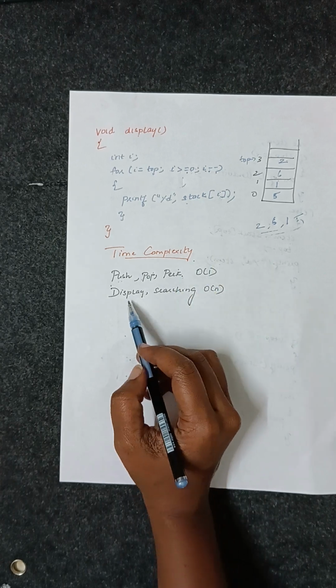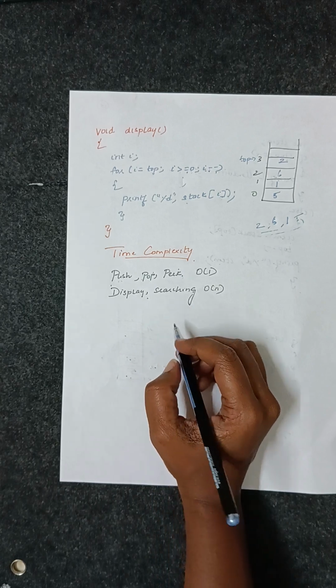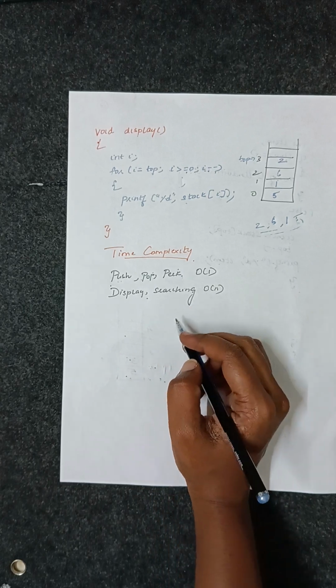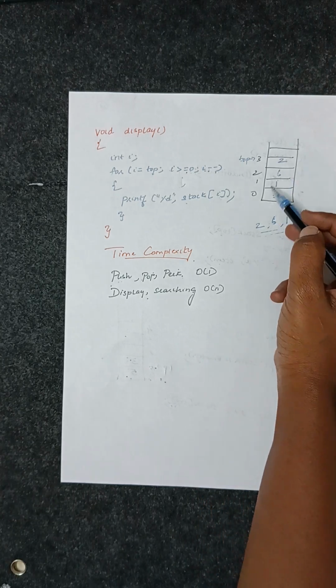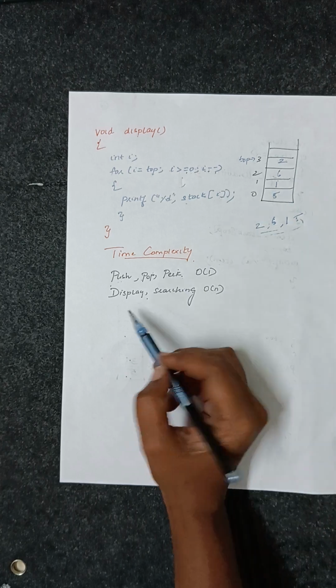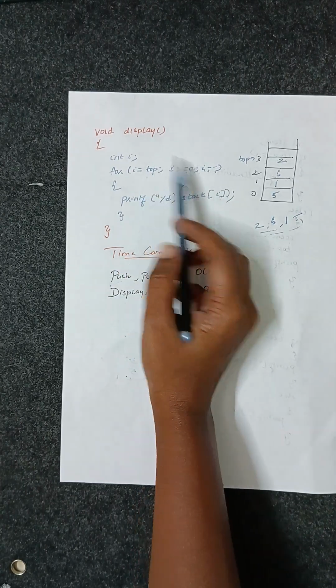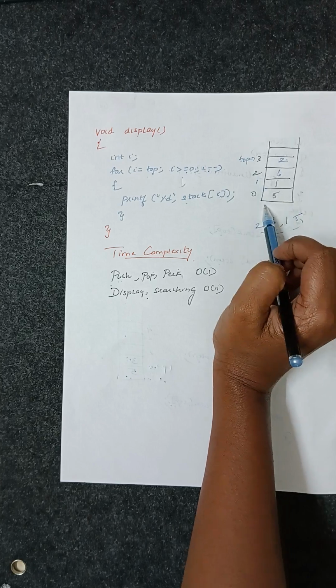For displaying, searching an element, finding the maximum or minimum element, or traversing, you need to check all the elements one by one. For displaying you need a for loop, because it is traversing from the top till the bottom, one by one.